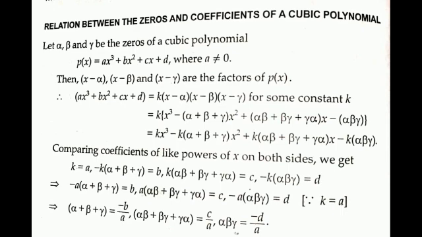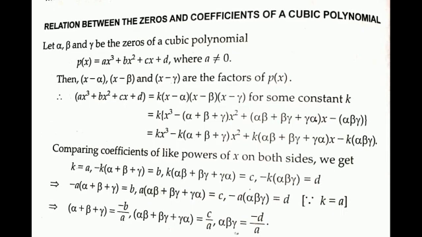When k is multiplied to all the terms, we finally have kx³ − k(sum of its zeros)x² + k(sum of the product of its zeros taken 2 at a time)x − k(product of its zeros).